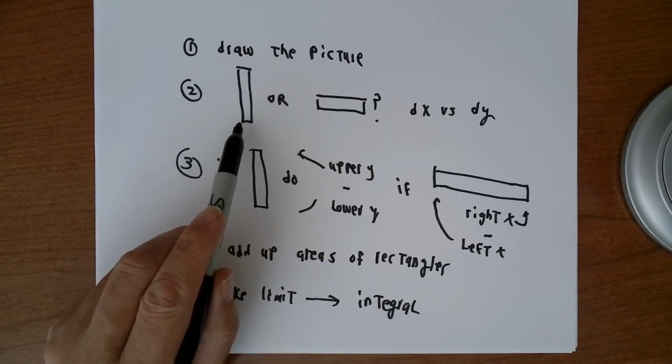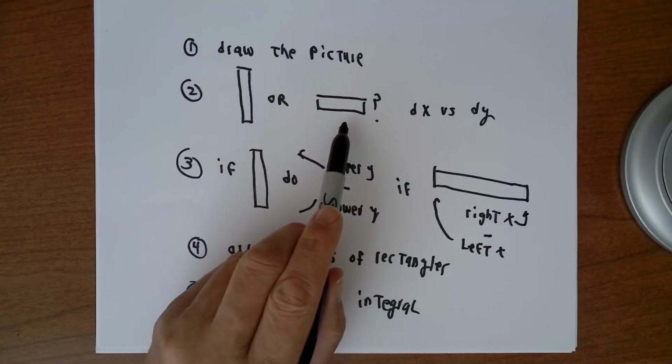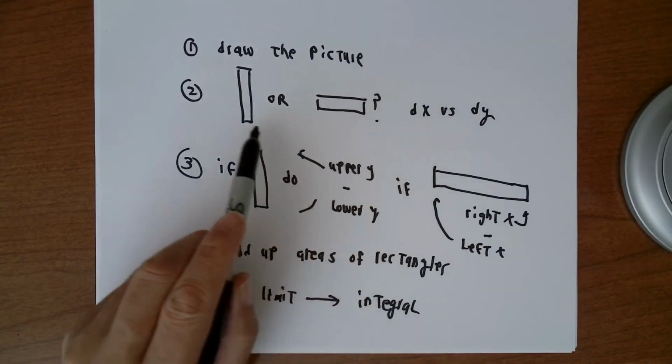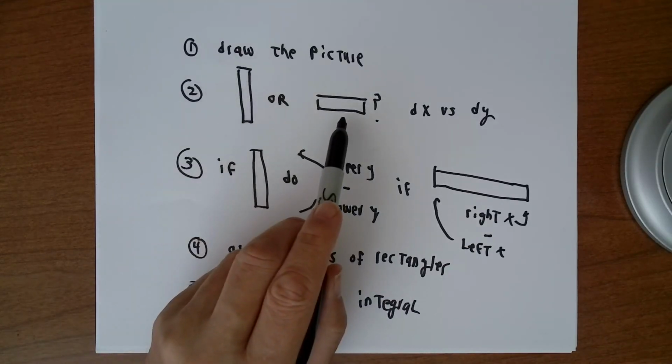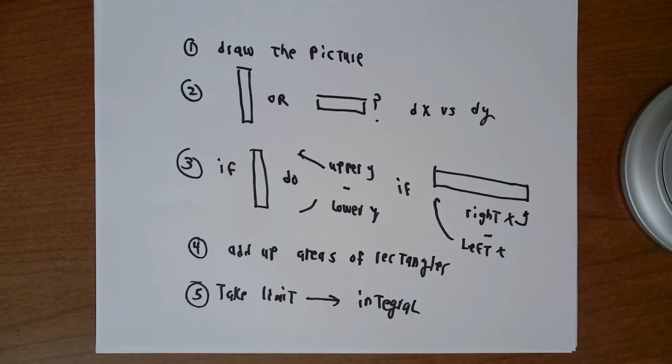That is to say, is it going to be dx or is it going to be dy? If it's dx, you have to eventually express everything in the problem in terms of x numbers, and if it's dy, y numbers.